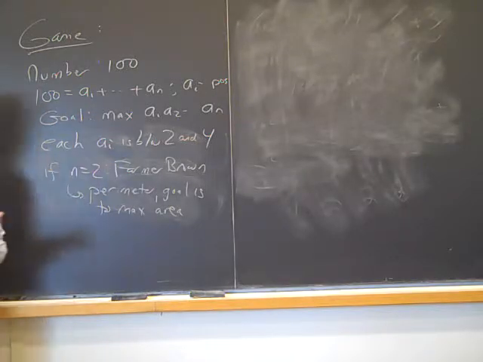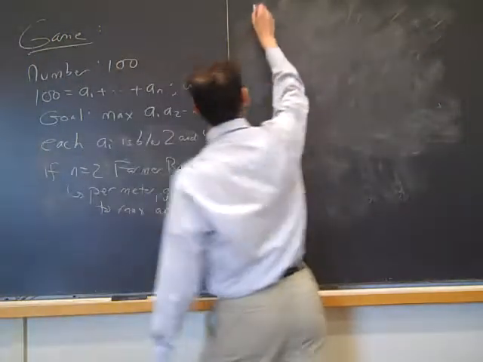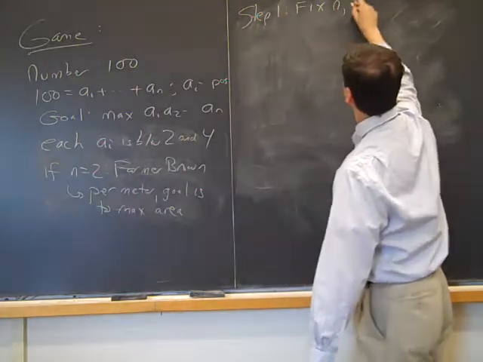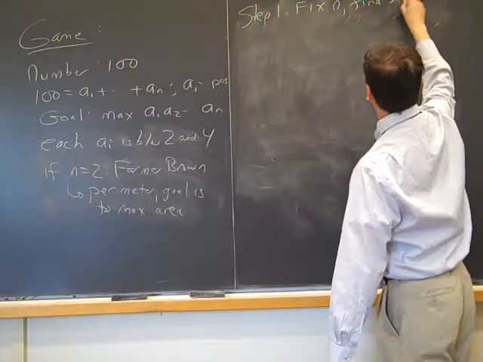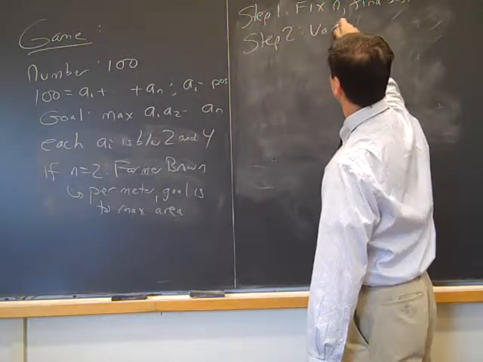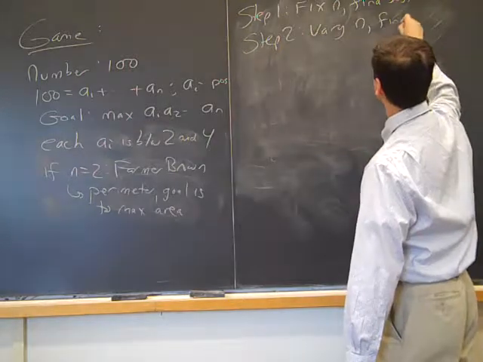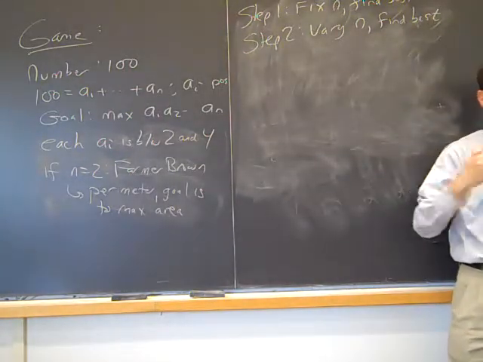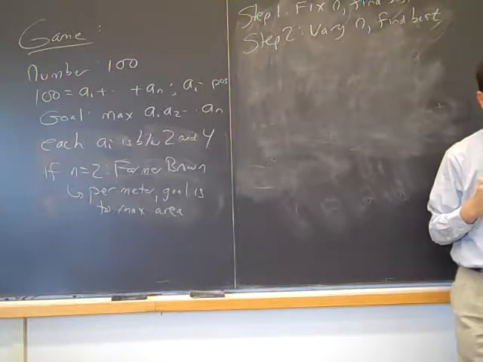Then I'll vary little n. So step 1, fix n, find best. And then step 2, vary little n, find best. So it's a two-step optimization problem.